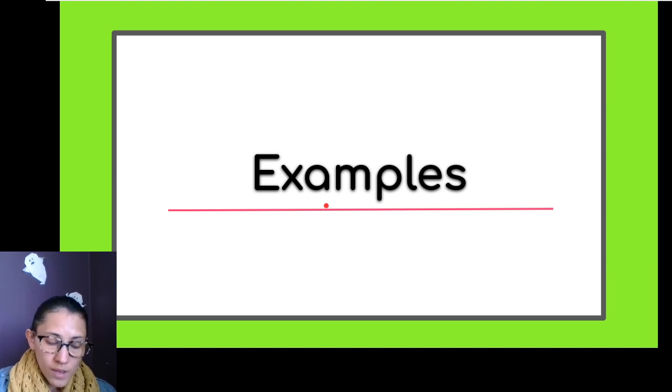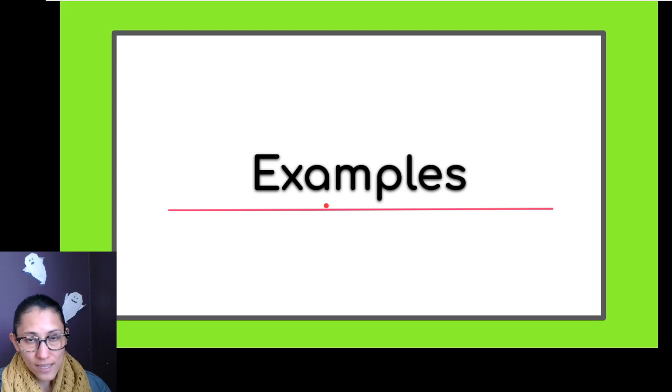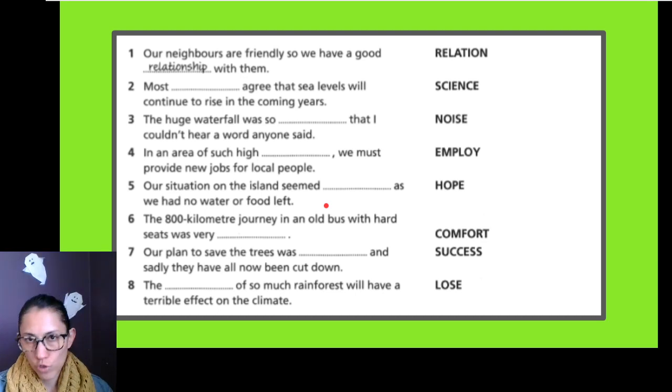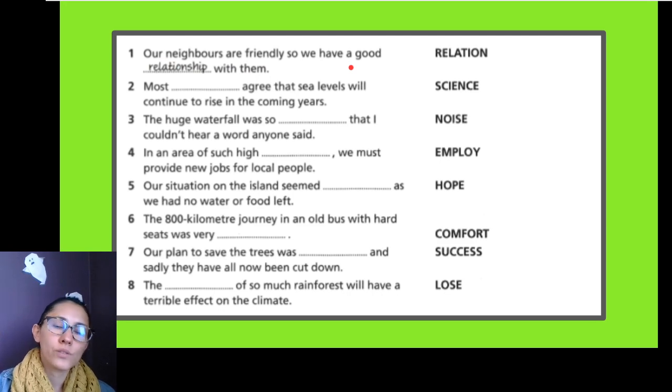Now an example. Here you're going to see 8 different sentences, but actually the test is one whole text, just one little article. To start clarifying certain questions, we're going to stick with separate sentences. Here we have the first sentence. It says, "Our neighbors are friendly, so we have a good (relation) with them."